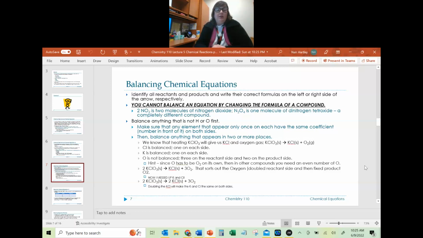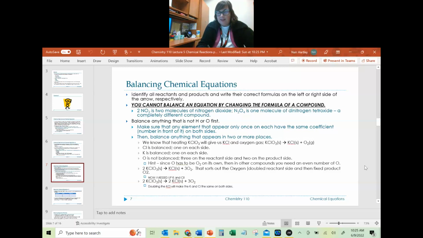Now, if I'm going to balance something, I want to balance anything that's not H or O first. So if we're talking about a reaction like KClO3 giving us KCl and oxygen gas, something like this: KClO3 solid, and we heat that up.